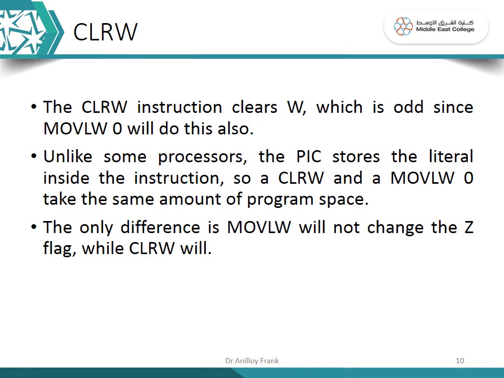We can clear the value of the W register to 0 by using the instruction MOVLW 0 or the CLRW instruction. The main difference between the two is that the MOVLW instruction does not affect the Z flag, while CLRW will set the Z flag to 1.